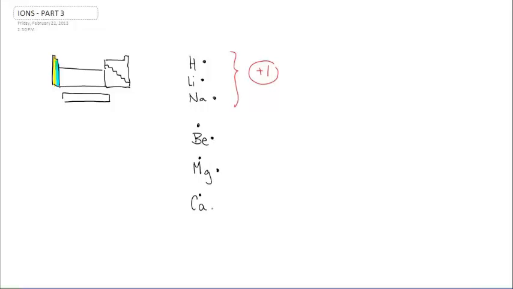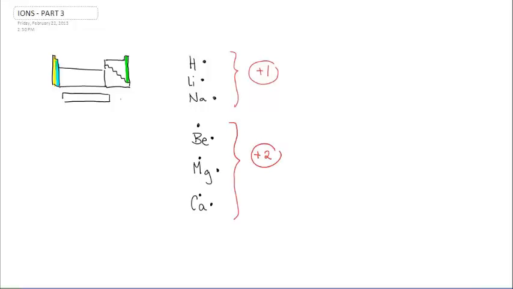So you might be able to see where this is going. If these elements all have two valence electrons, then in order to satisfy the octet rule, they're going to need to lose both of these valence electrons. And so we can predict that it doesn't matter what else calcium, for example, is bonding with, it's always going to need to lose two electrons. So it's always going to have a positive 2 charge.